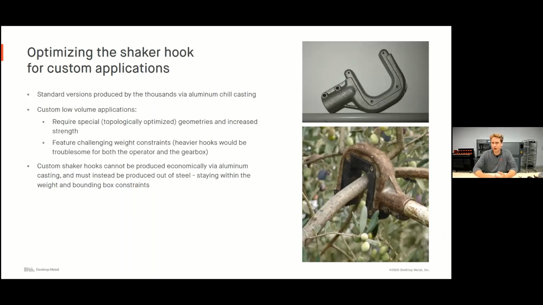These applications require special topology optimized geometries that are going to actually increase the strength of the part, and they have to be challenged as well because they're moving to steel, so they have some weight constraints. They can't have a hook that's any heavier than the aluminum versions because it would cause some wear on the gearboxes, wear on the rest of the part. And of course, these shaker hooks can no longer be economically produced via aluminum casting, so they're moving to steel.